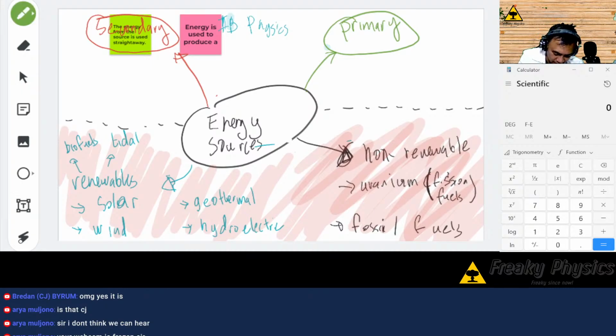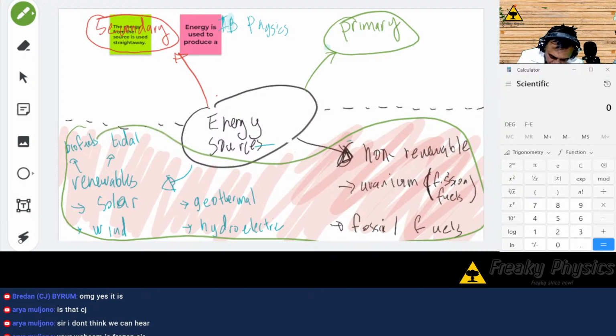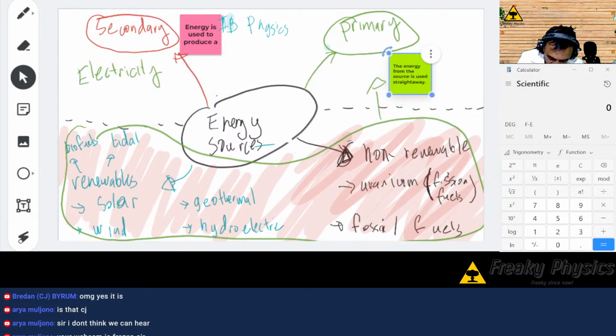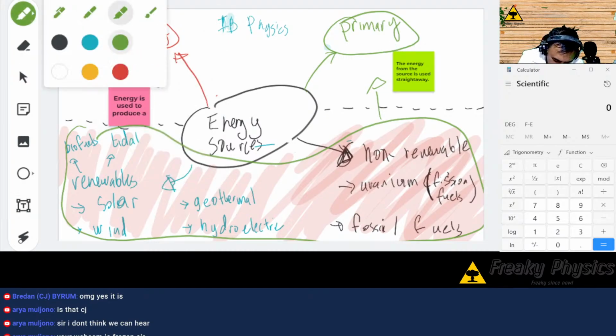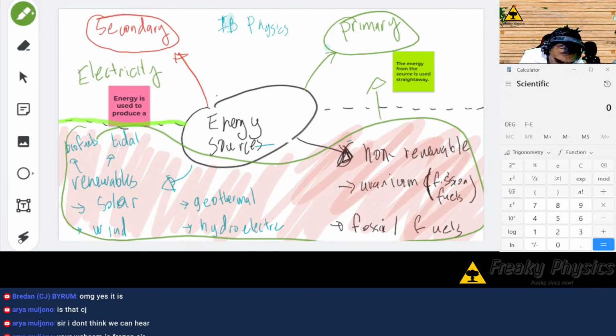So these are the two ways that we can classify energy into either secondary or primary types.